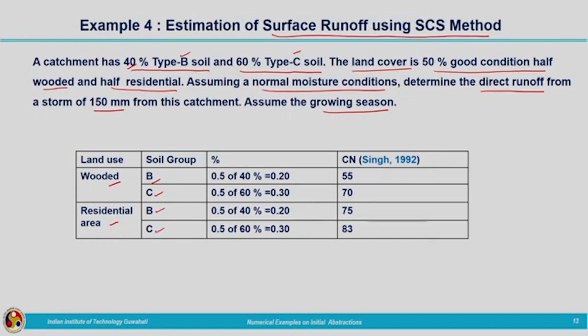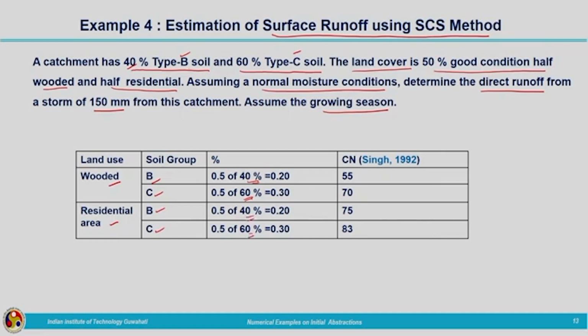Now, percentage of this area: it is already given 50% of good condition, half wooded, half residential. The catchment is 40% type B and 60% type C. So, that condition we will apply to both wooded land use and also residential area.